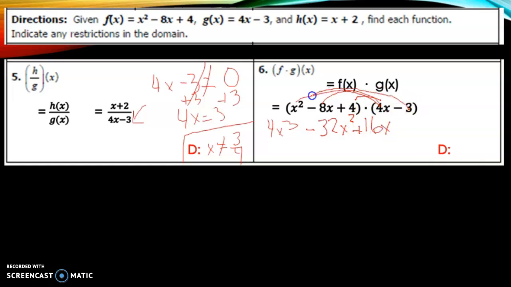So negative 3 times x squared is negative 3x squared. Negative 3 times negative 8, positive 24x. And then lastly, negative 3 times 4, negative 12. Sorry, that last one's an x. I can clean that up a little bit.